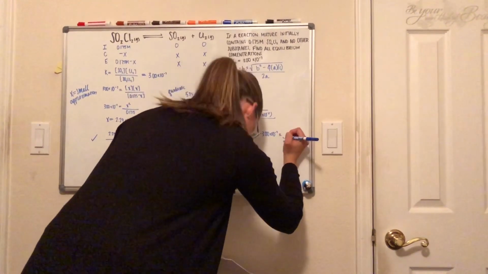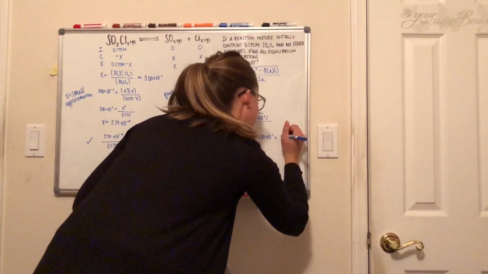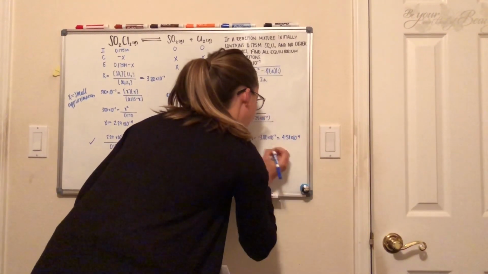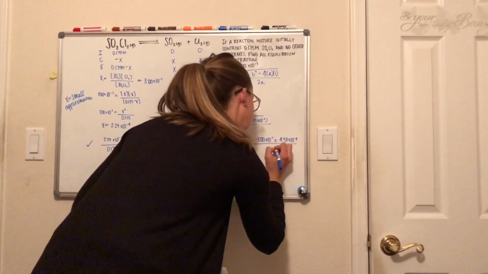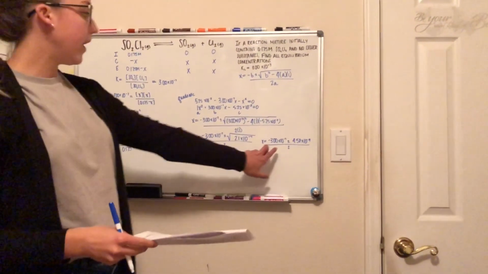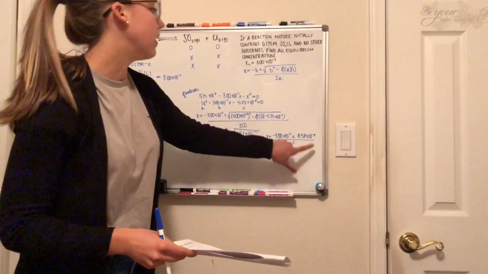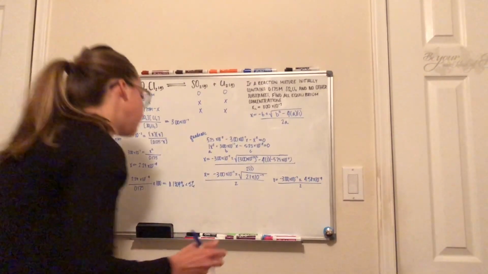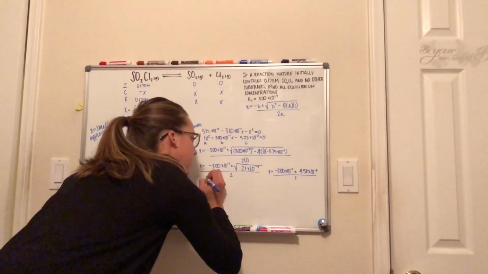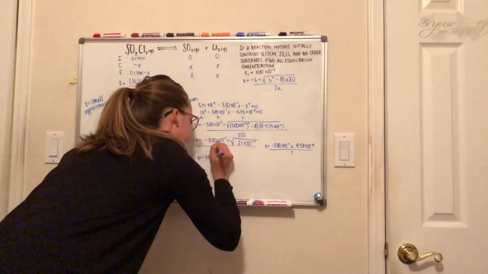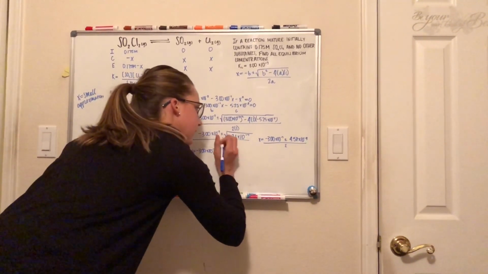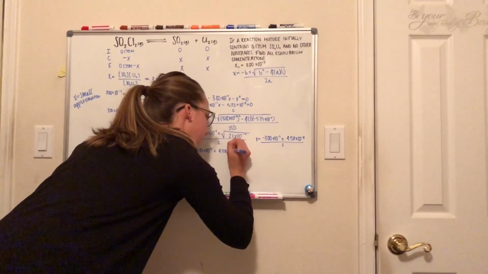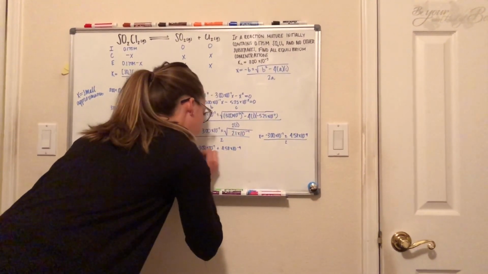plus or minus 4.58 times 10 to the negative 9 over 2. Okay, and then from there you have to do this plus 4.58 times 10 to the negative 9 divided by 2 and minus. So I'll write both of those down here. Divided by 2.